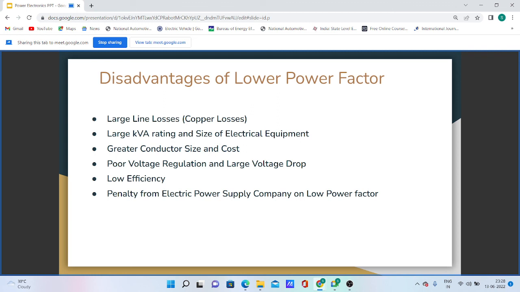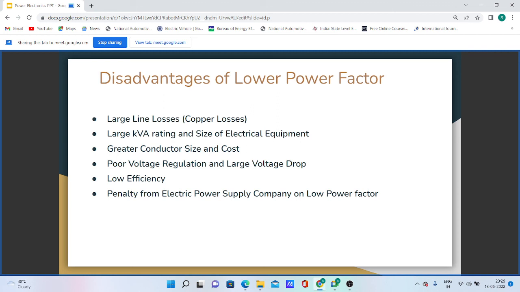So the first disadvantage is large line losses. We know that the line loss is directly proportional to the square of the electric current. Next is a large kilowatt rating and size of electric equipment.